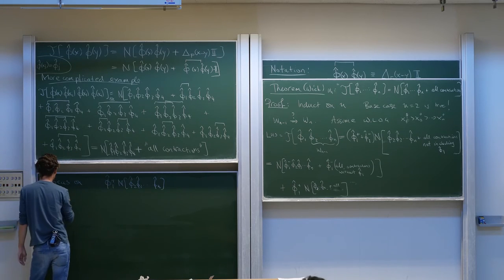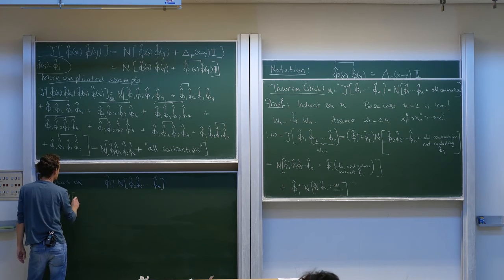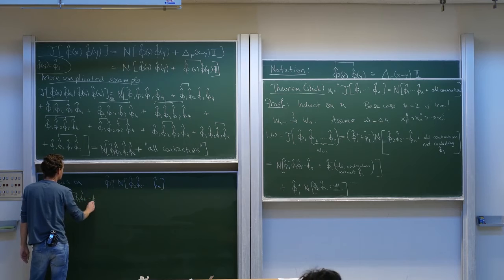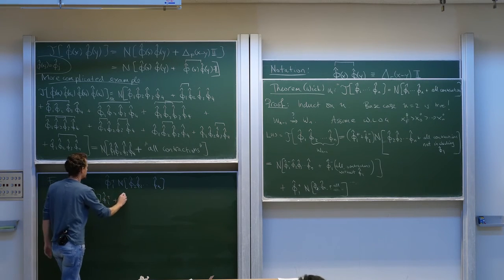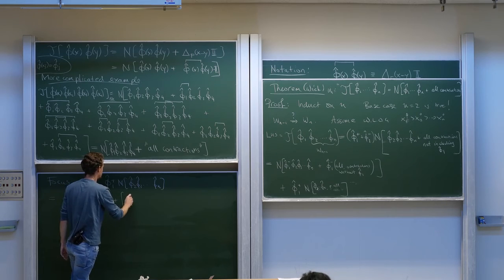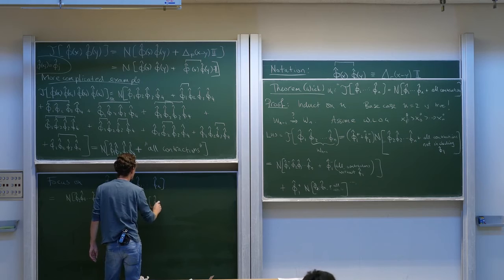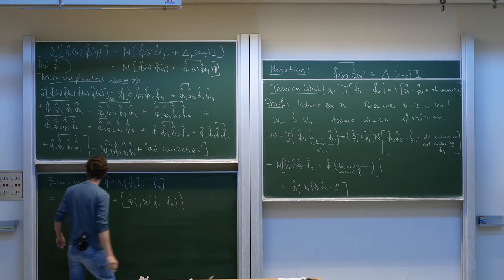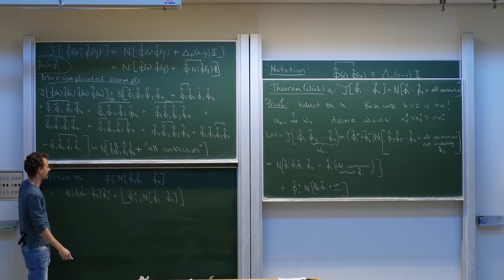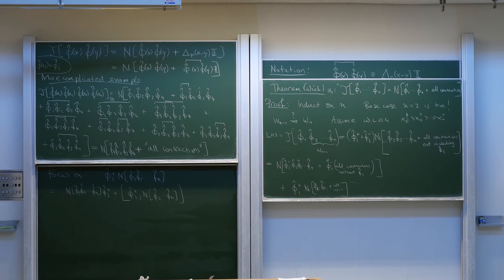You just put in a commutator. So commutators always put things in the correct order, but you have to pay the price of the commutator.